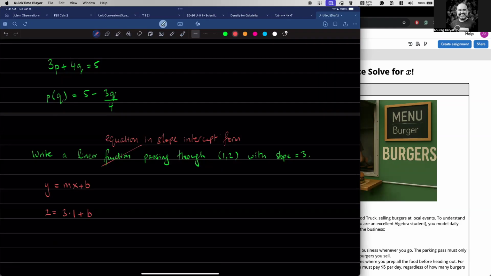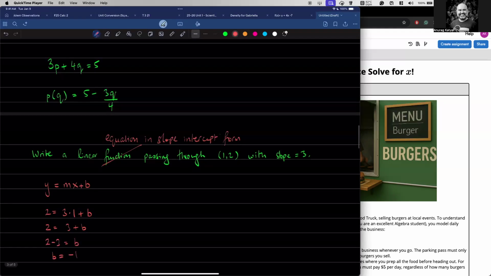The question didn't tell me that. But can I find b from this? I can. 3 times 1 is... How would we get b by itself now? Subtract 3, 2 minus 3 equals b, so b is what?